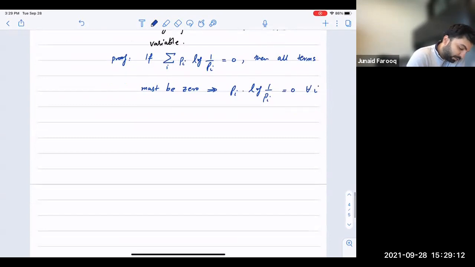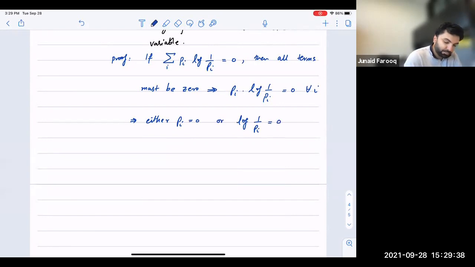Now, for this product to be 0, either p_i equals 0, or the log of 1 over p_i equals 0.